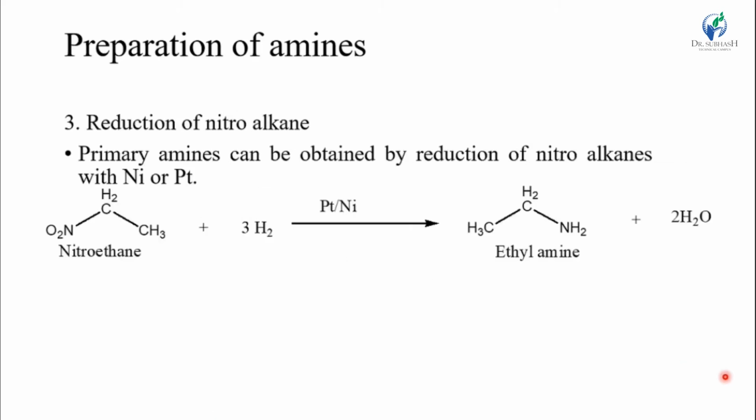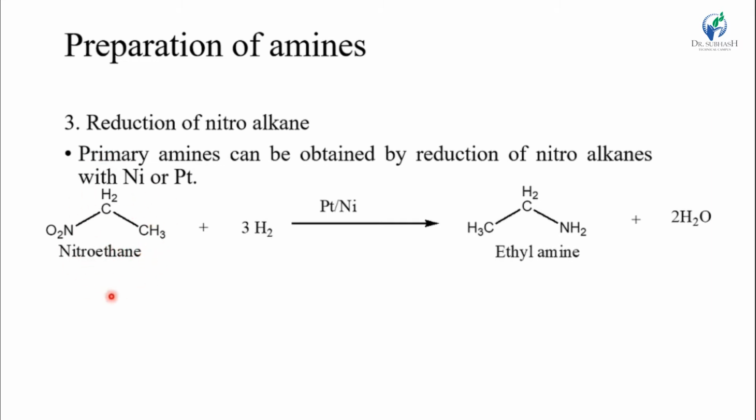Okay, then the third reaction is the reduction of the nitroalkane. The primary amine can be obtained by the reduction of the nitroalkane with nickel or platinum as a reductive agent. So the first reactant is nitroethane, where ethane is the alkane.